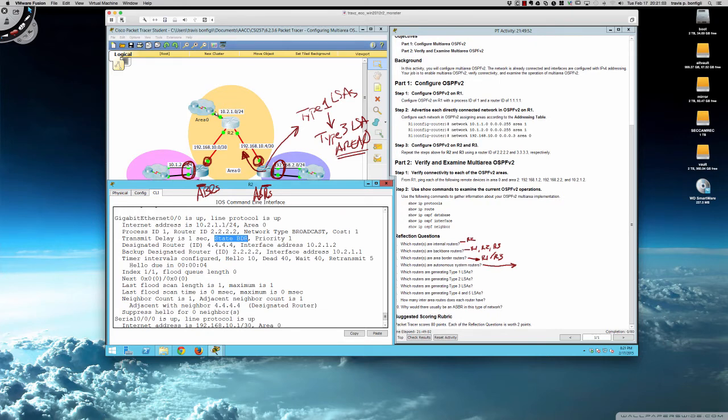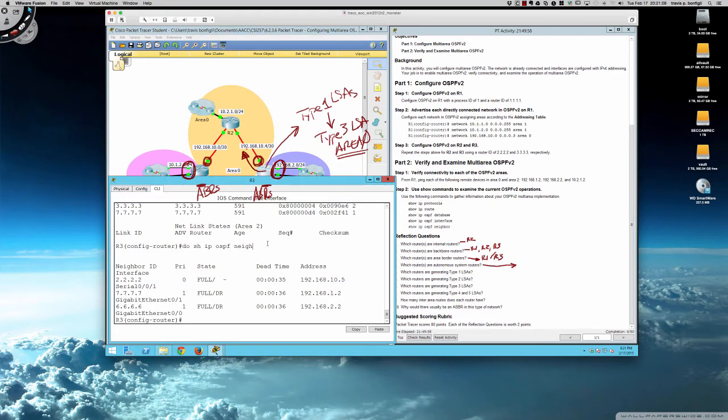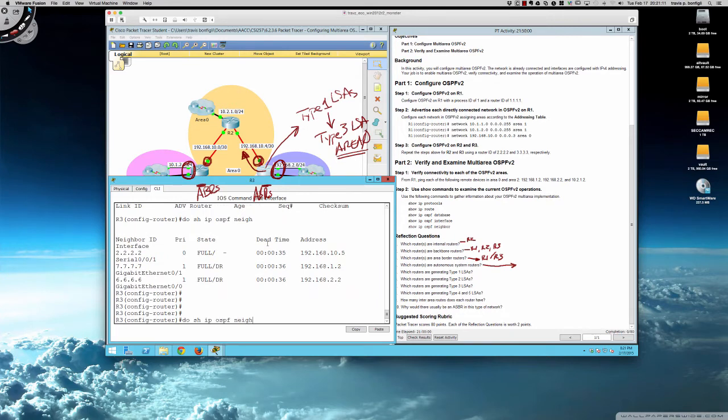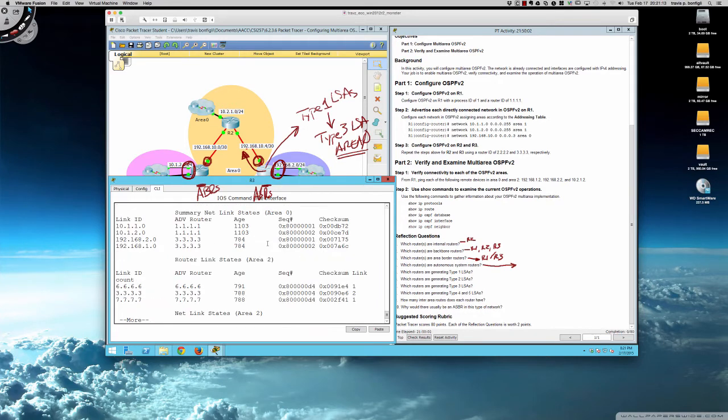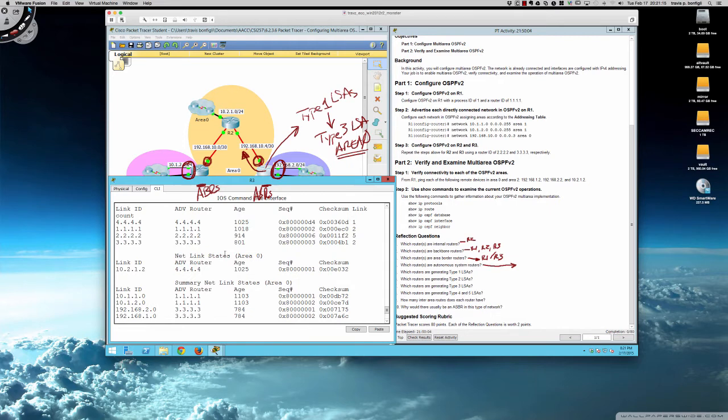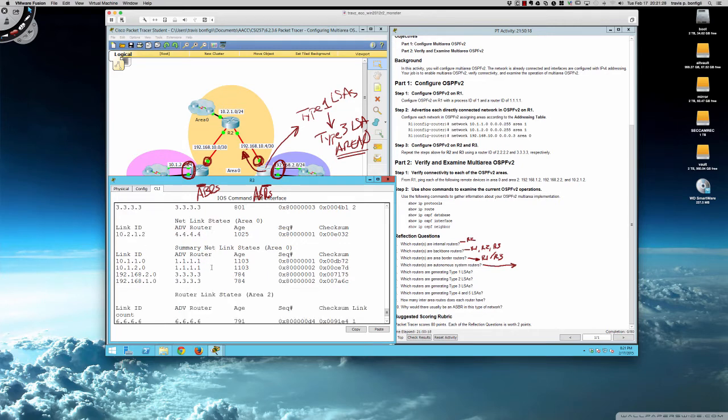I am the BDR on this segment, and so therefore, when router 3 is looking at his database information, he's going to see that network advertisement for the link 10.2.1.2, which is coming off of router 4, and that's the router that's advertising that type 2 LSA.